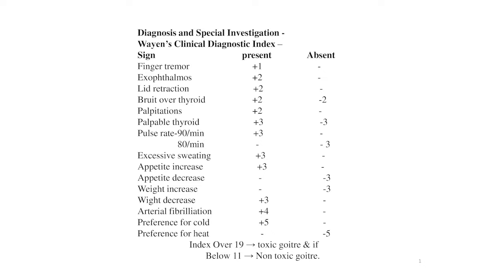Excessive sweating +3; appetite increase +3; appetite decrease, if present, then absent -3 should be counted. Weight increase -3 points, weight decrease +3; atrial fibrillation +4 points; preference for cold +5, and preference for heat -5. If this index is over 19, it is toxic goiter, and if the index is below 11, it is non-toxic goiter, which should be counted and treated accordingly.